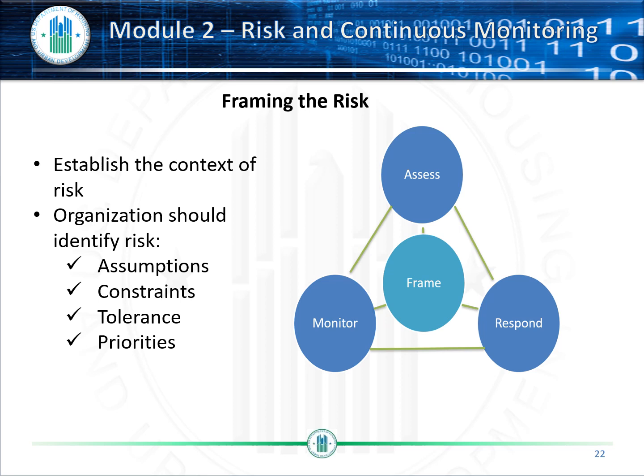Risk framing is the set of assumptions, constraints, risk tolerances, and priorities and trade-offs that shape an organization's approach for managing risk. Risk framing is informed by the organizational governance structure, financial posture, legal and regulatory environment, investment strategy, culture, and trust relationships established within and among organizations.